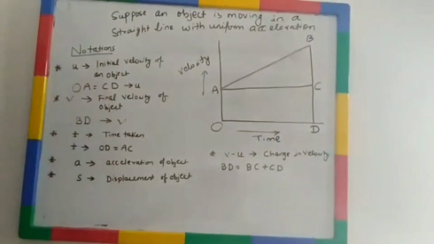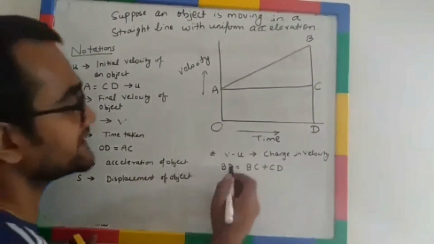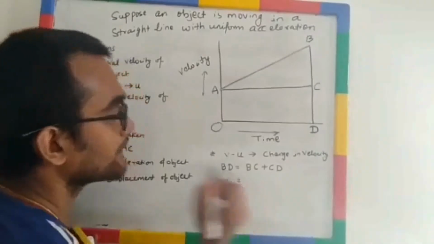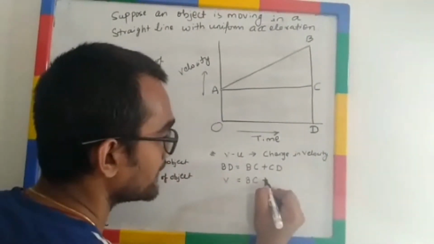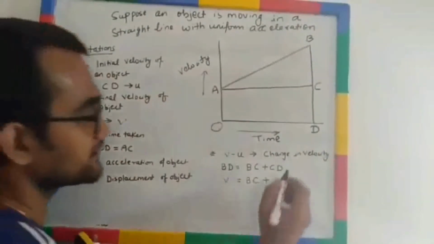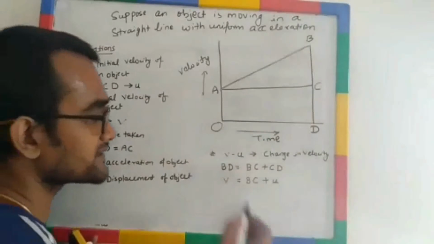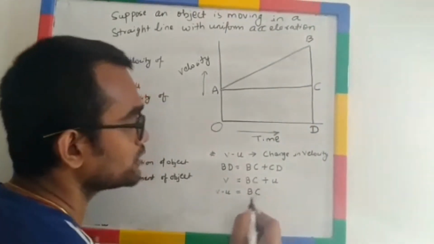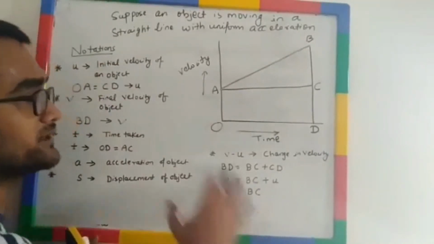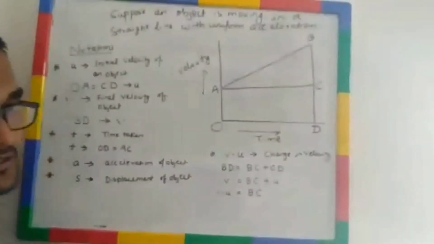From the given notations, we will insert the respective values of BD and CD. BD is V and I don't know what is BC, and CD is U. After shifting U to left hand side, it became V minus U is equal to BC. So in this diagram, BC denotes change in velocity.